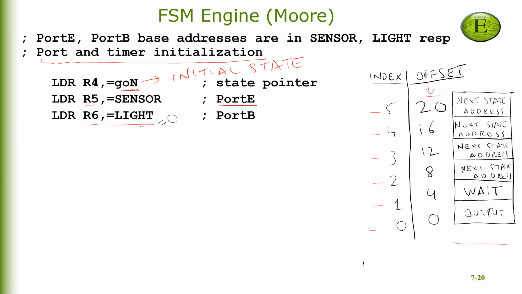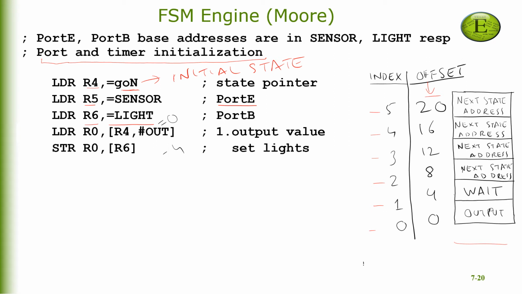All of these were shown in the previous slides. Alright, so the first step is that once we are in a given state, then the first thing we need to do is to produce the output. And the output is stored where? It is stored at index number 0, and offset address is also 0.